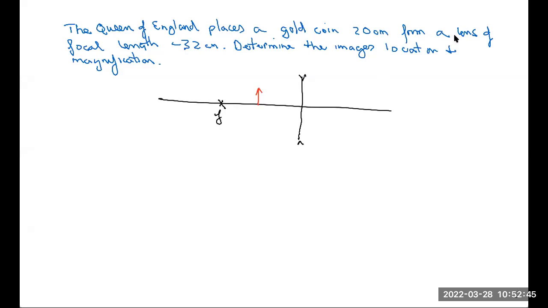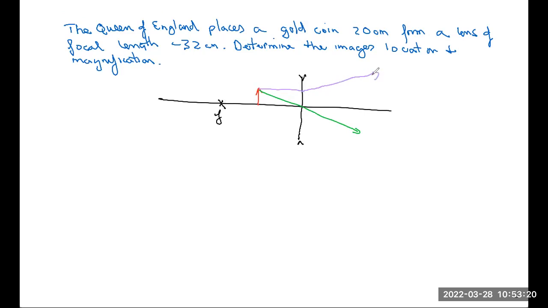So there's several rays we can draw. A personal favorite of mine for the lens is the one that goes straight through the center of the lens because it's undeflected. It's easy to draw that one. A second ray is one that heads straight towards the lens, parallel to the optical axis, and then is refracted for this diverging lens such that it appears to come from the focal point, the focal length.